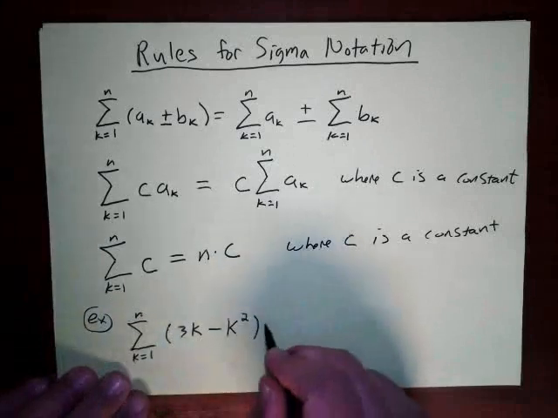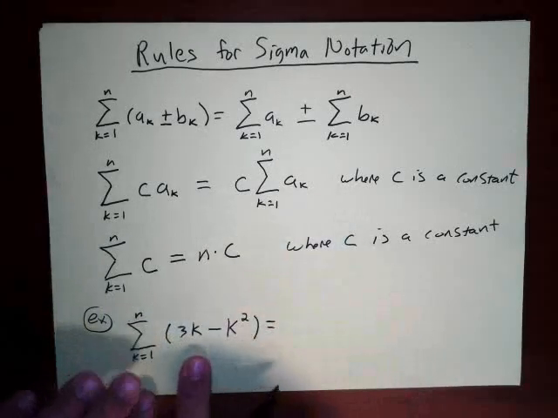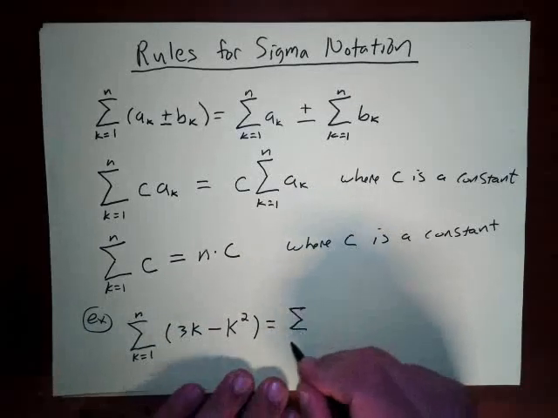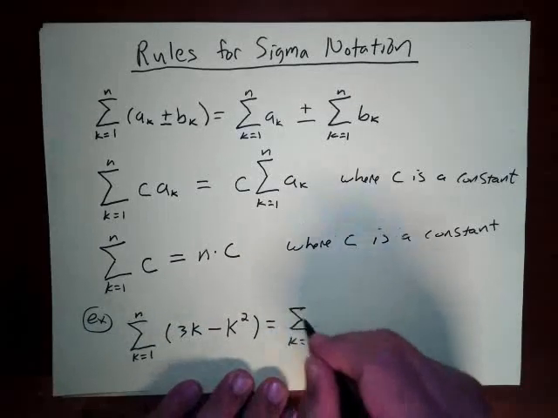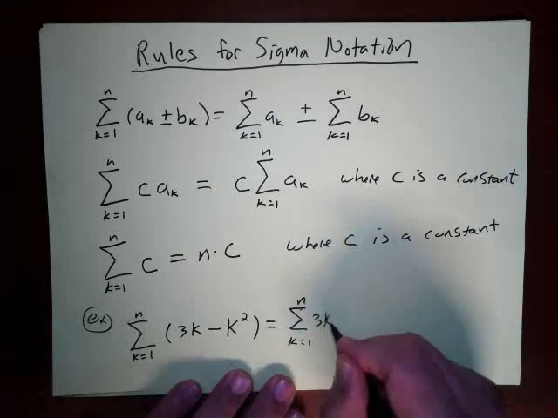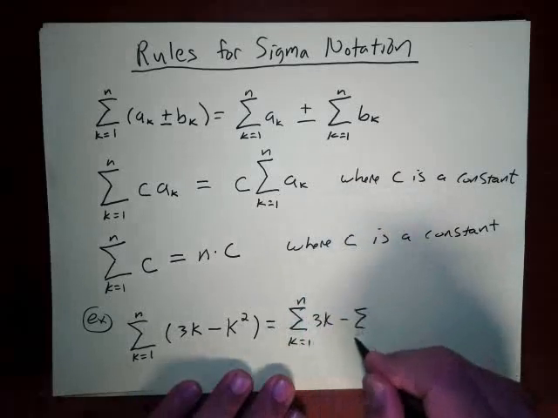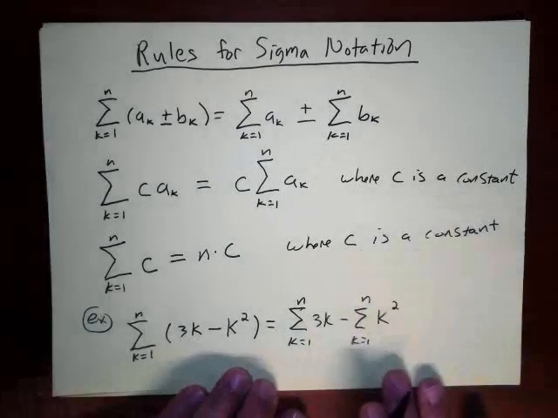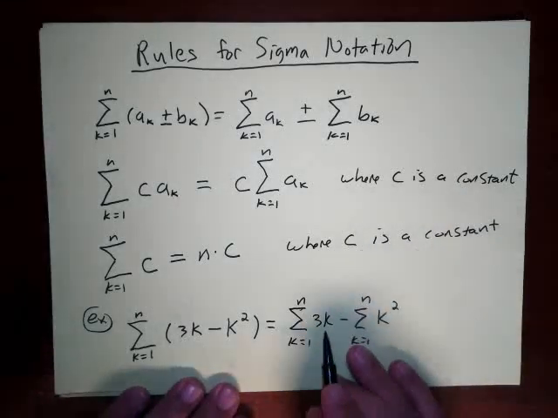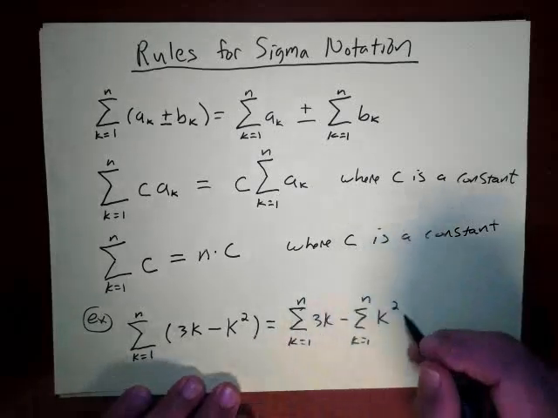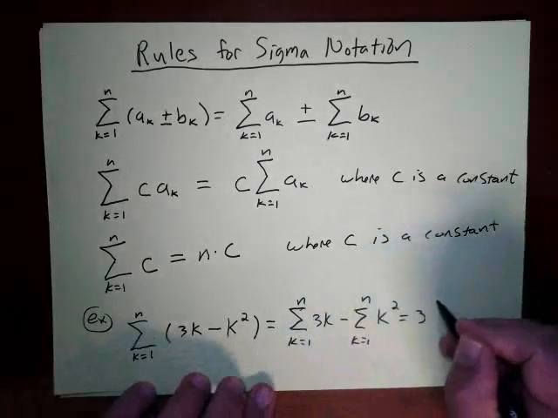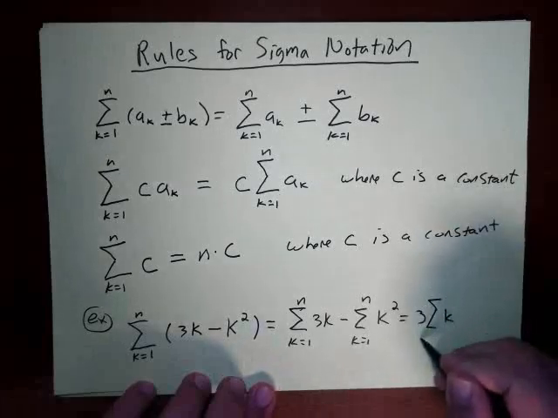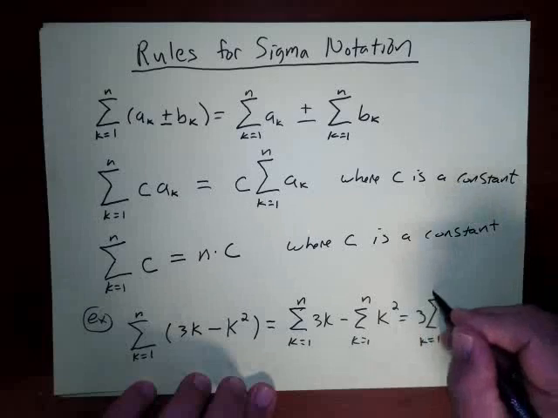Okay, so let me show you. This expression could be simplified here. I could first split it up over that difference: the sum of k equals 1 to n of 3k minus the sum of k equals 1 to n of k squared. Then you can take the 3 out, so you get 3 times the sum of k, k equals 1 to n.